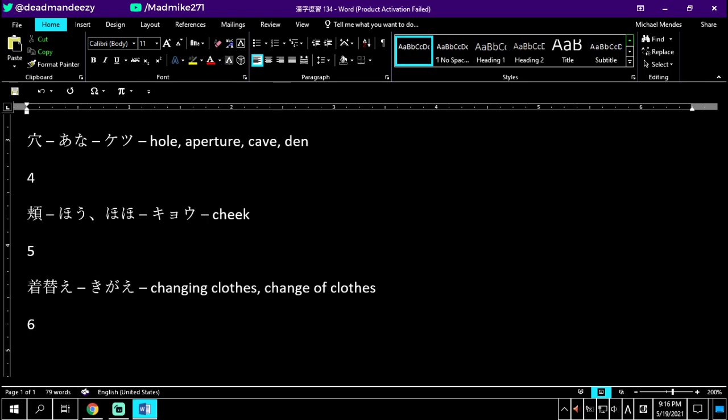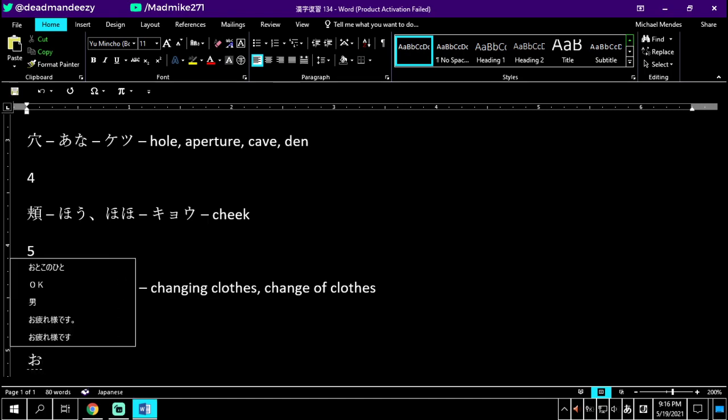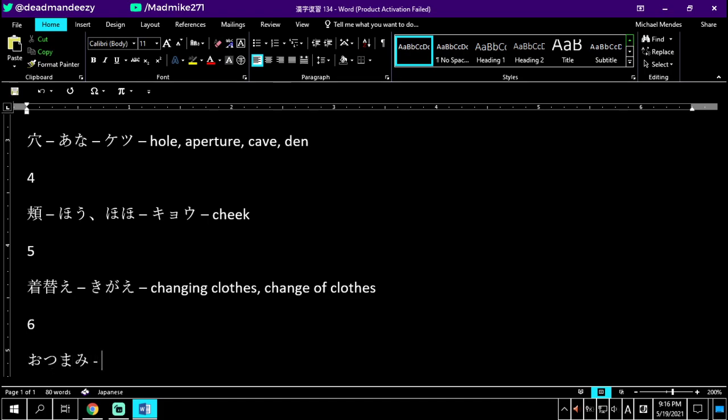Number 6. Number 6 is otsumami. Otsumami is a snack that you have with a drink. It can also be a side dish. Our other word for this or a side dish is okazu, but this one's otsumami.